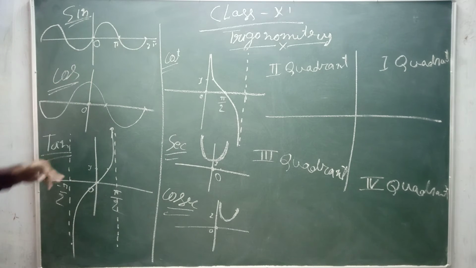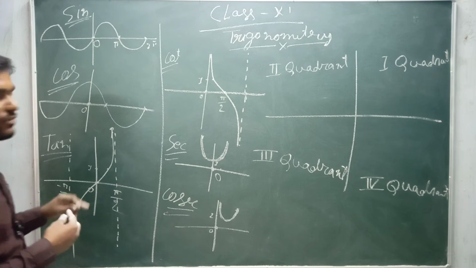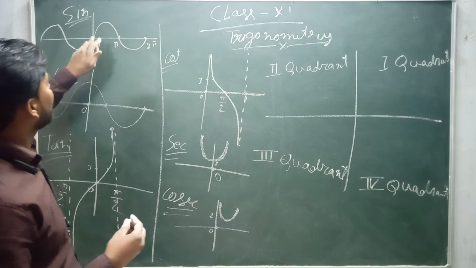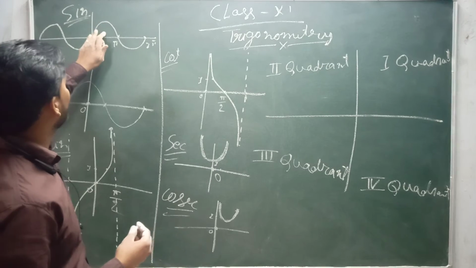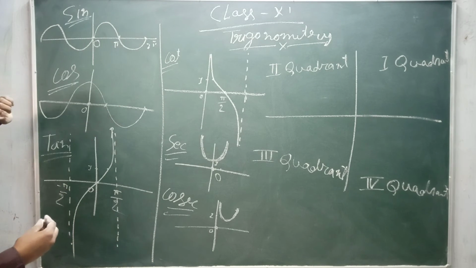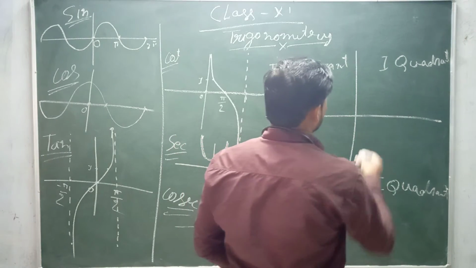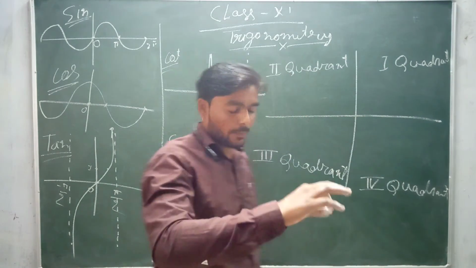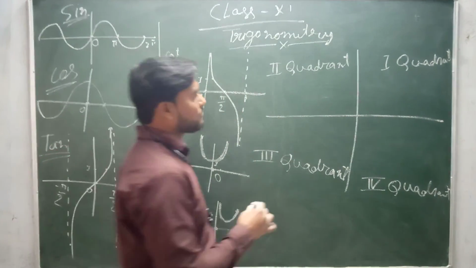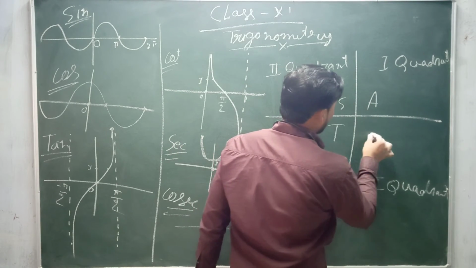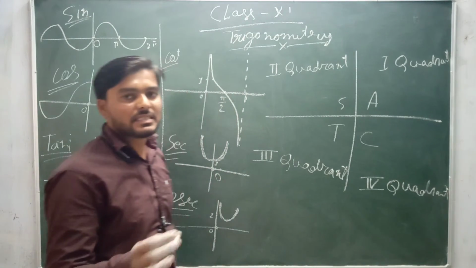See, in the first quadrant all are showing positive. Just take it directly. There is a shortcut for learning it: ASTC.